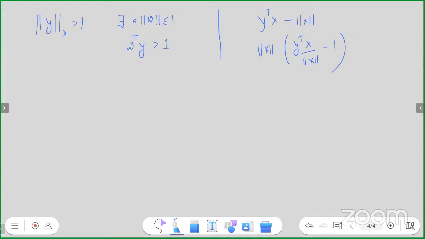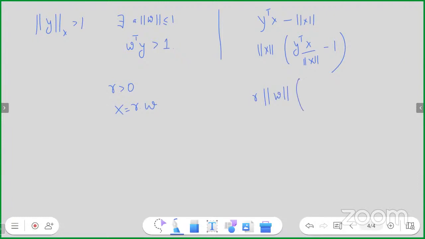So we can take any r times w. Any real r, so r greater than 0. If we take x equal to r times w, then R times the norm of w will be less than 1.